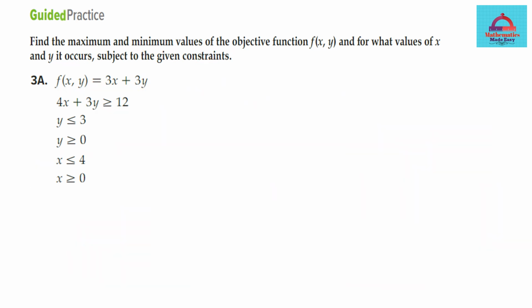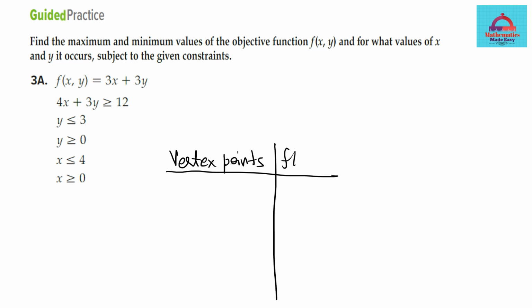Okay, so now I make the table of values. I write all the points. So the vertex points, and here we write f of xy, the objective function. So 3x plus 3y, we will calculate the value at each of the 4 points.